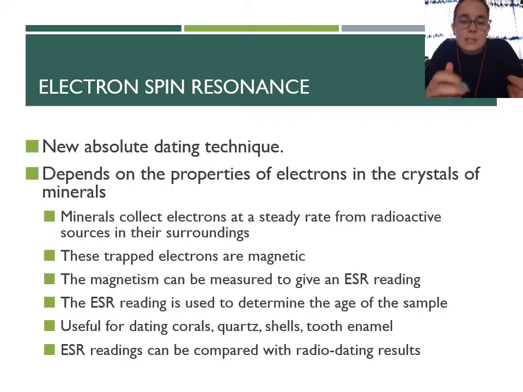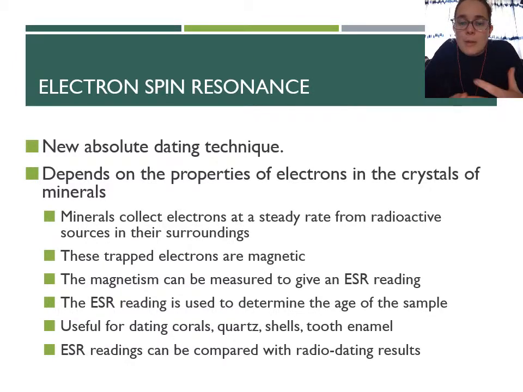So we can use this to date coral, quartz, shells, tooth enamel, all that stuff is absorbing radioactive material. As it absorbs it, it becomes magnetic. The more magnetic you are, the older you're going to be, so the more time you've had to absorb radioactive materials. If you're not super magnetic, then you're not going to be very old at all.